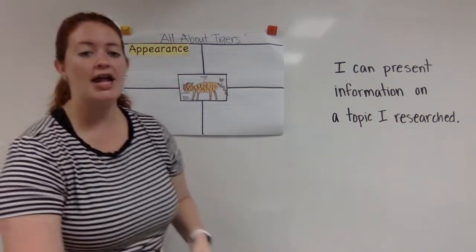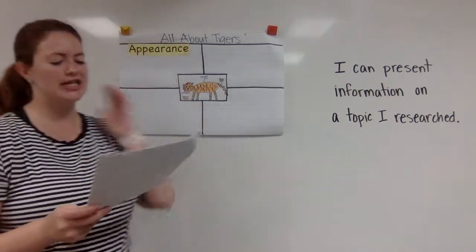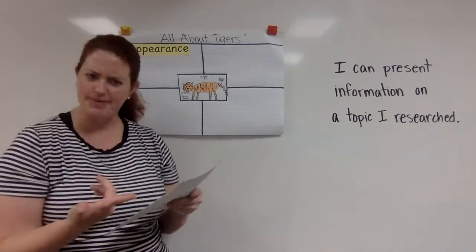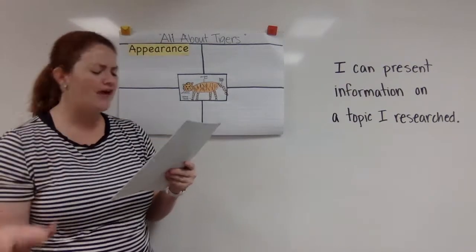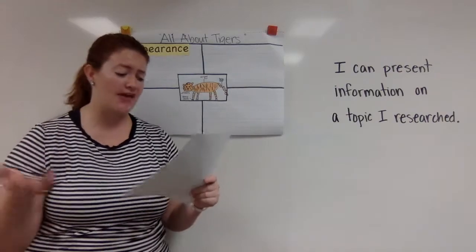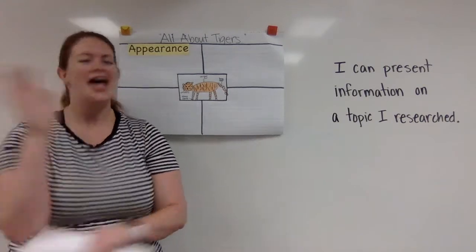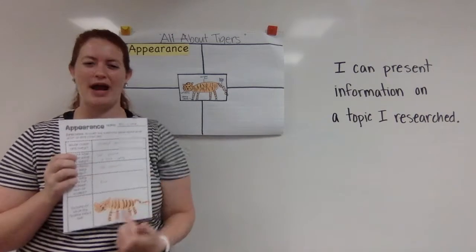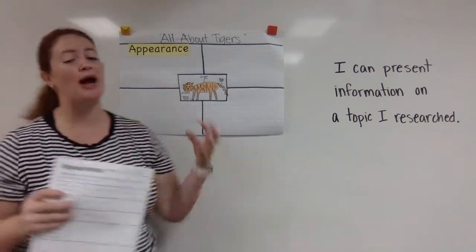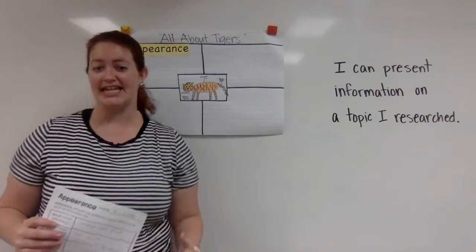Now, let me go ahead and review what I researched. Let's see. I know that tigers are orange and black. I know that they're 500 pounds. They're 6 feet long. They have fur. Should I just put bullet points? No, that's really what I was doing when I was researching. But now I need to write a complete sentence.